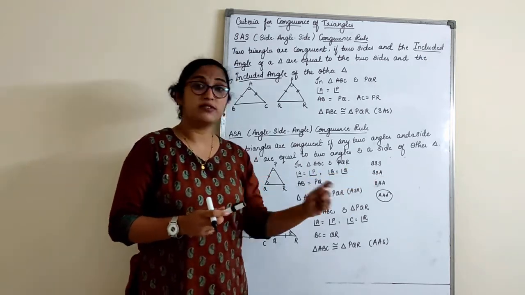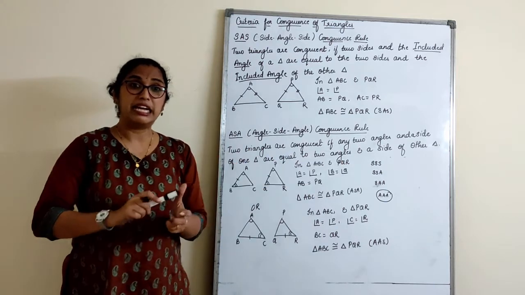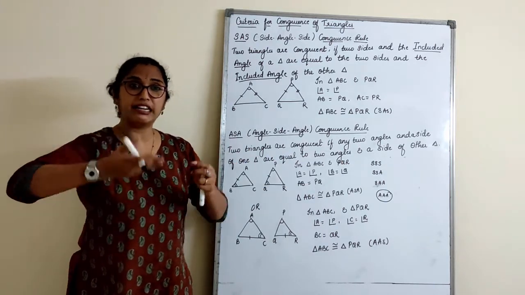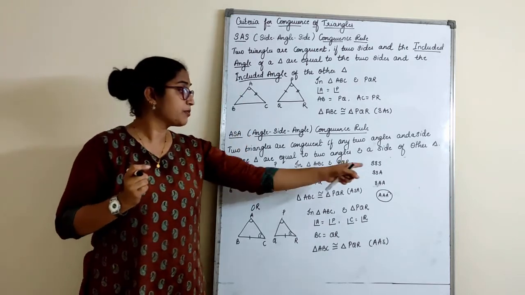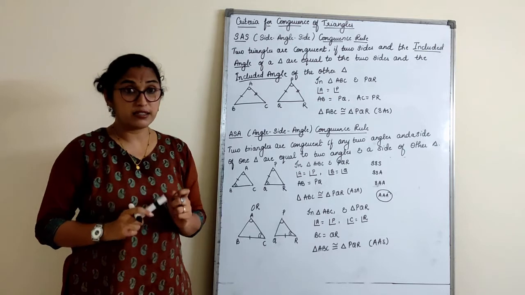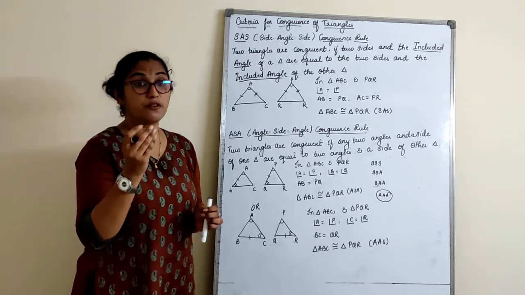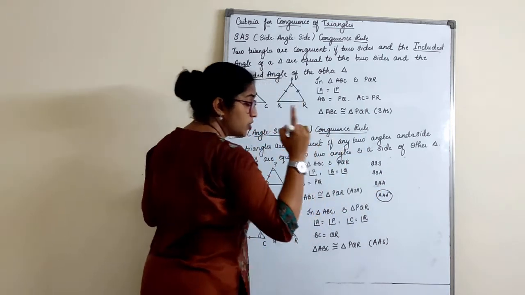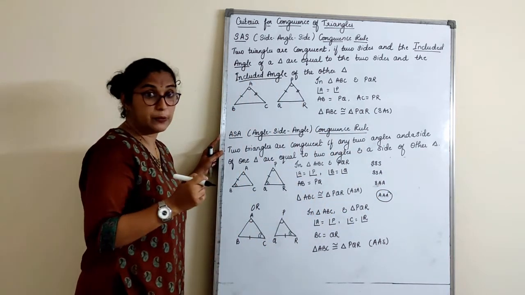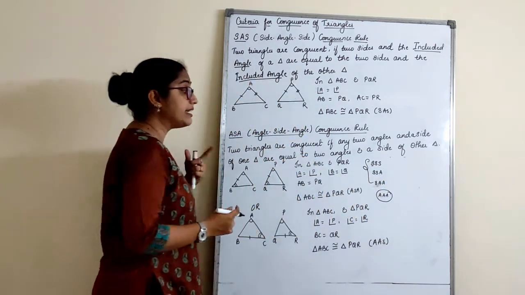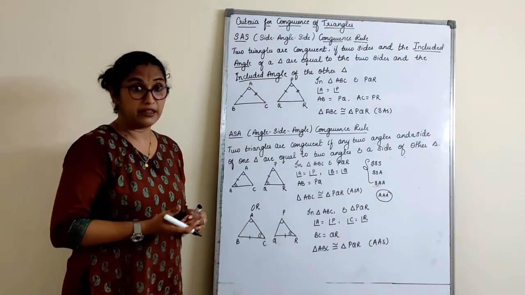But when you construct a triangle based on three sides, everybody's will be a congruent figure. That means to construct a triangle, at least one side must be there, right? So that is the rule or criteria for congruency of triangles.